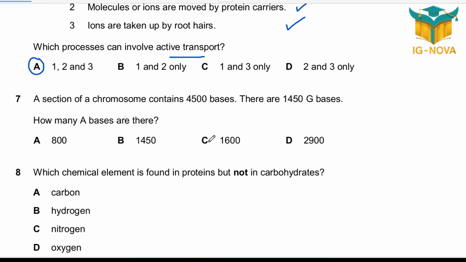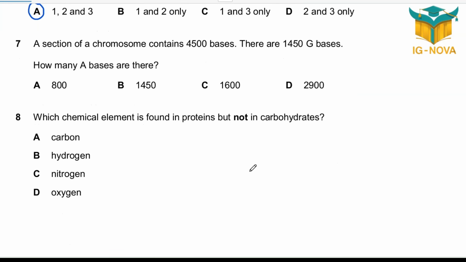A section of chromosome. Chromosome contains DNA, contains 4500 bases. There are 1450 G bases.